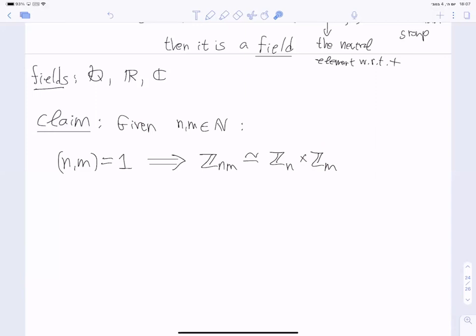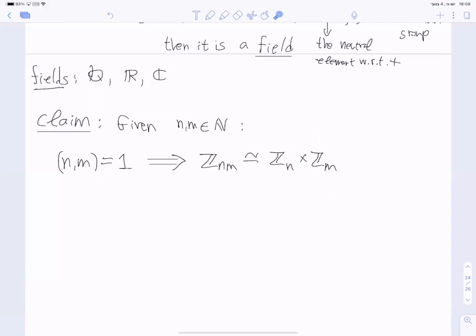Okay, more explicitly, if, and we are going to see later, if and only if these are coprime, then their direct product, what is the direct product? These are pairs (a, b), where the first component belongs to Zn and the second to Zm.